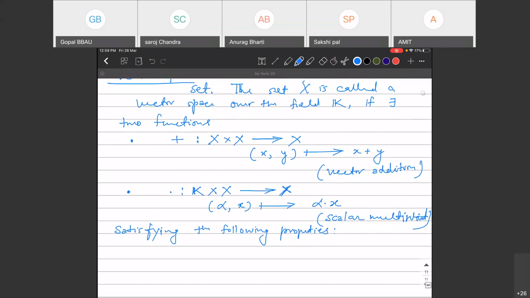For writing the properties, let me mention here: this is called a binary operation. Do you know what a binary operation is?